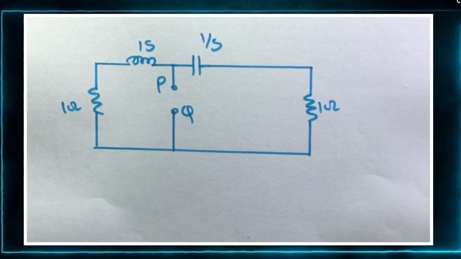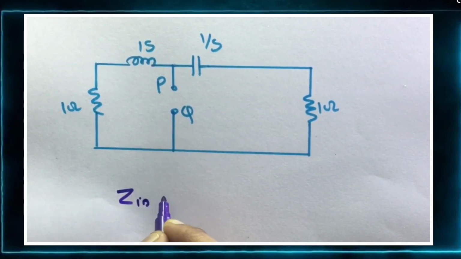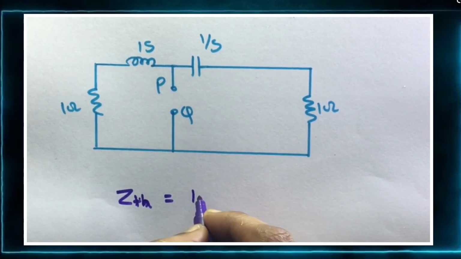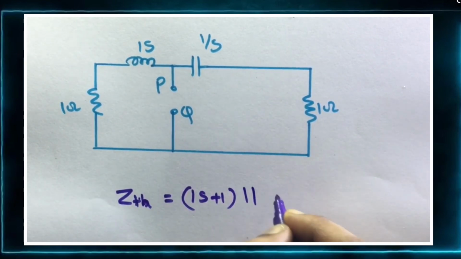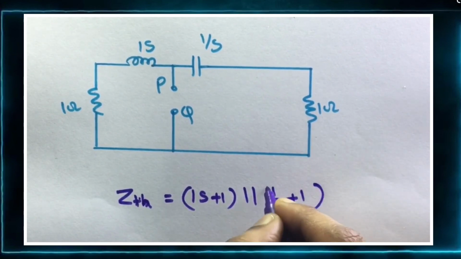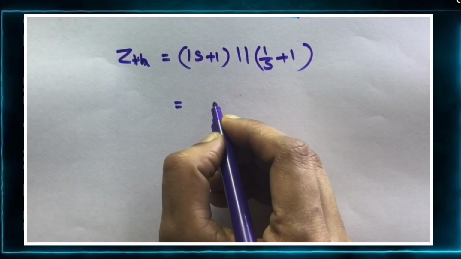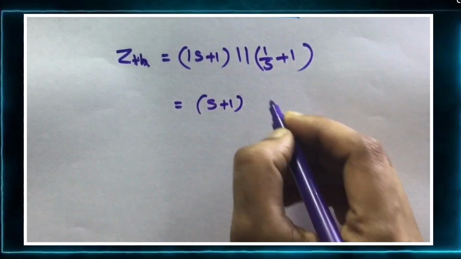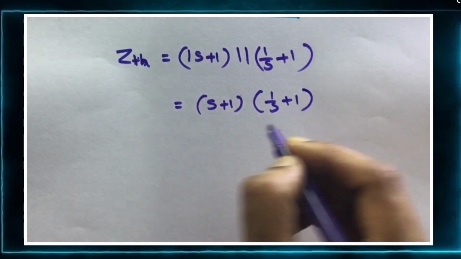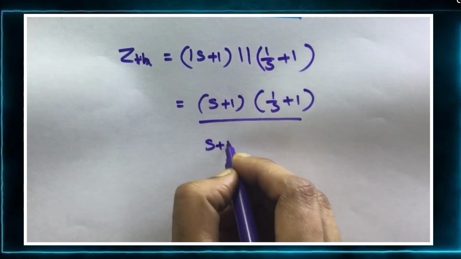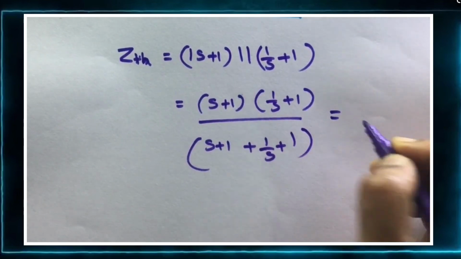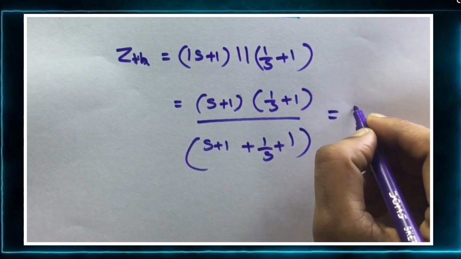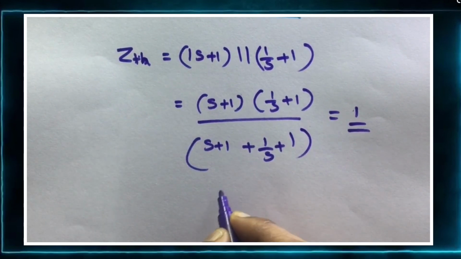So we can write the Thevenin equivalent impedance as s plus 1 parallel 1 by s plus 1, that is equal to s plus 1 into 1 by s plus 1 divided by s plus 1 plus 1 by s plus 1, and when we simplify this we get the result as 1, that is option A.